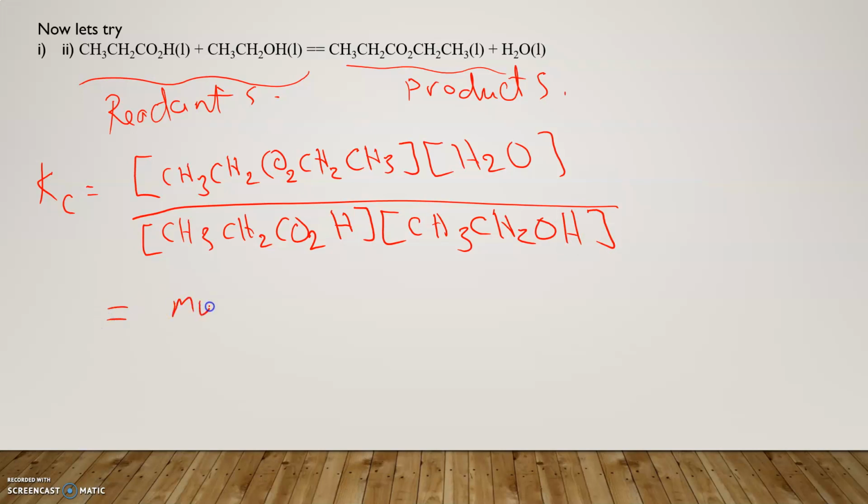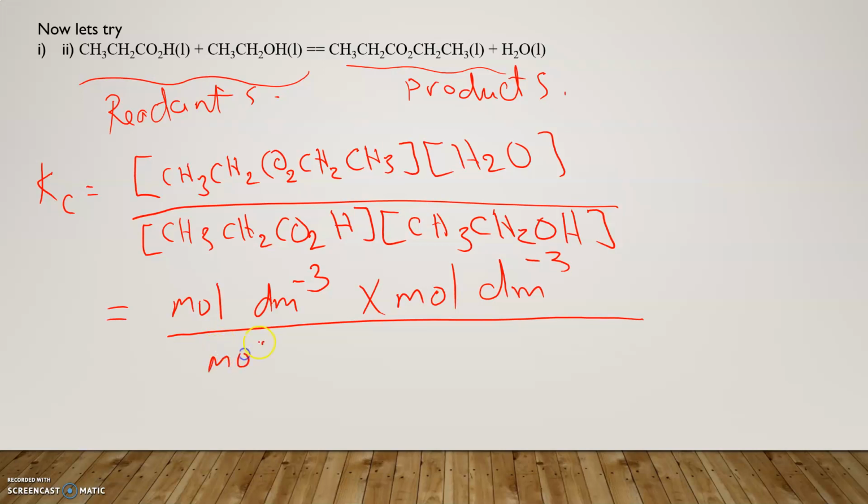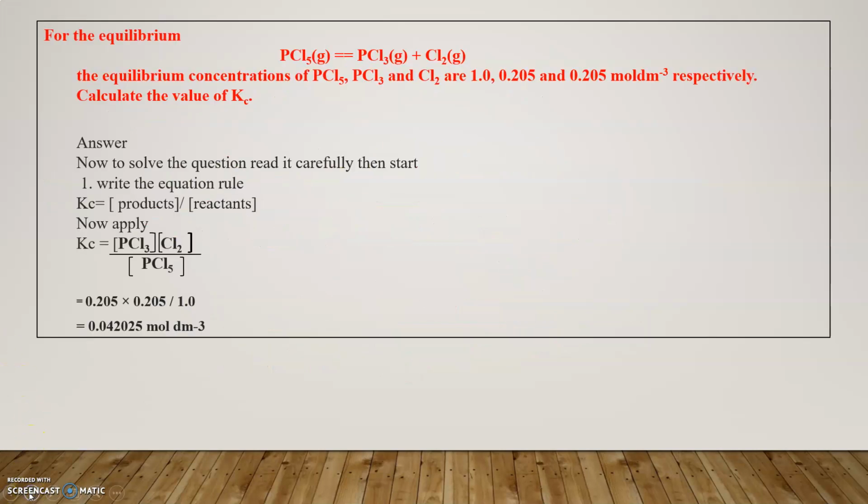So here it's mole per dm cube times, again, mole per dm cube, divided by, same thing, mole per dm cube times mole per dm cube. So for that reaction, the unit is actually nothing.